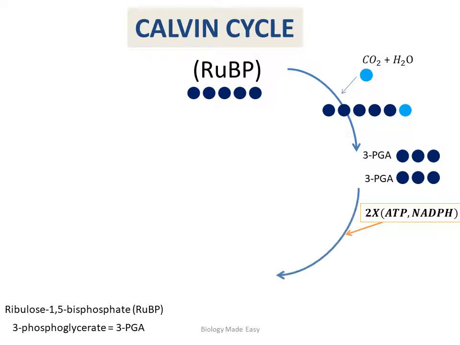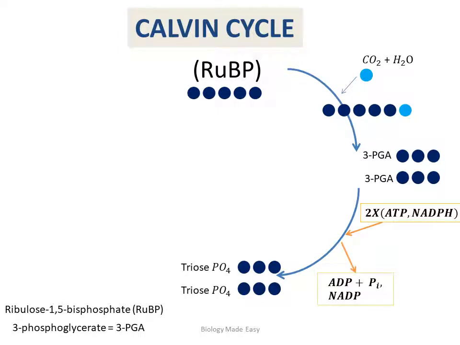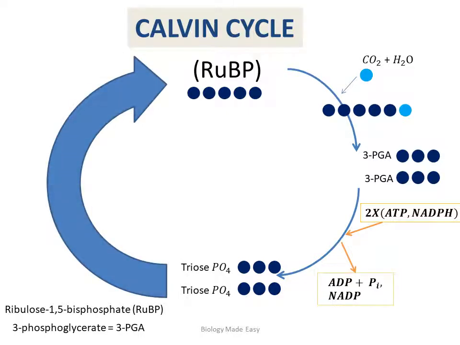The 2 molecules of PGA are reduced to 2 molecules of triose phosphate. In the final step, the triose phosphates combine to regenerate RuBP, and in this process 1 carbon is fixed. The carbon that was gained from carbon dioxide is fixed.